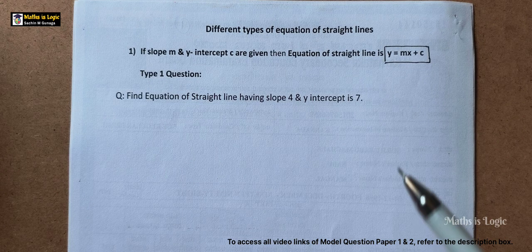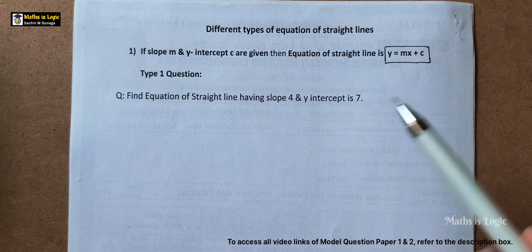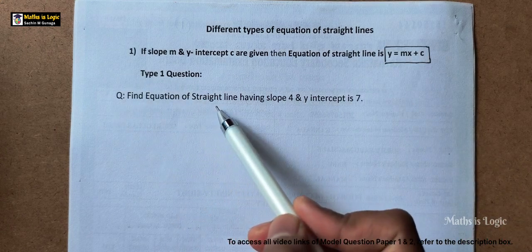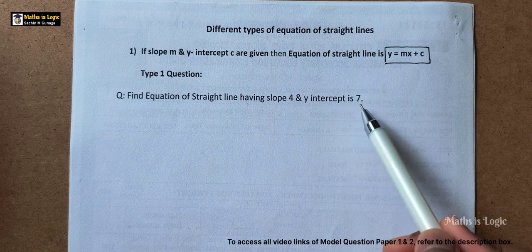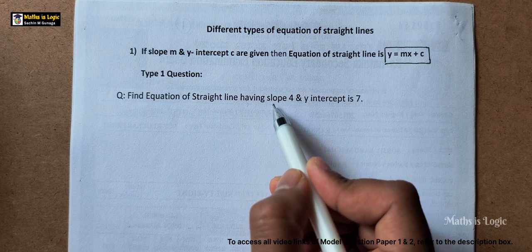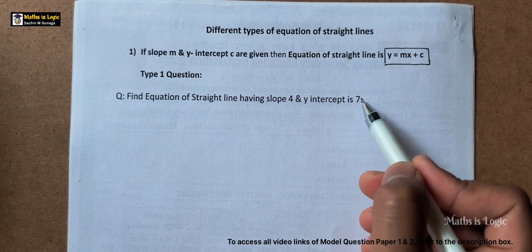Using this formula, two types of questions come. Type 1 question is: find the equation of a straight line having a slope of 4 and y intercept 7. Clearly here the slope value is given as well as the y intercept c value.